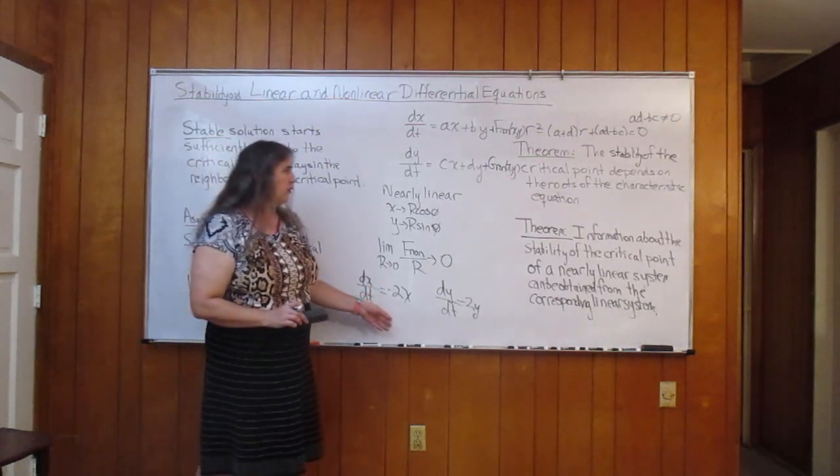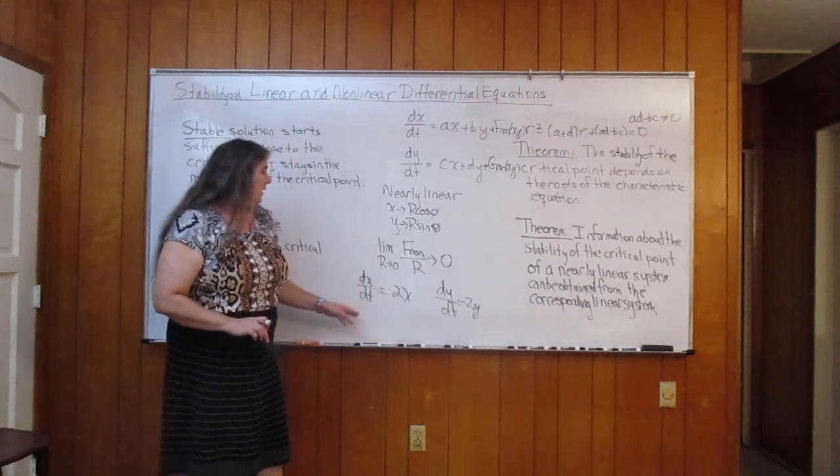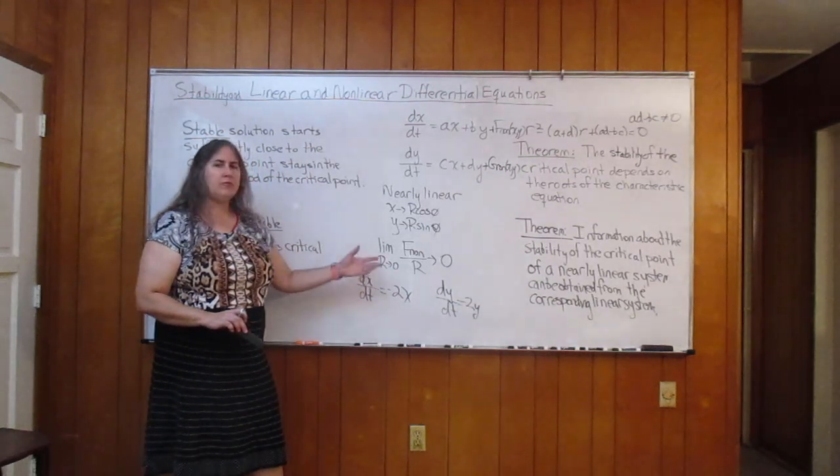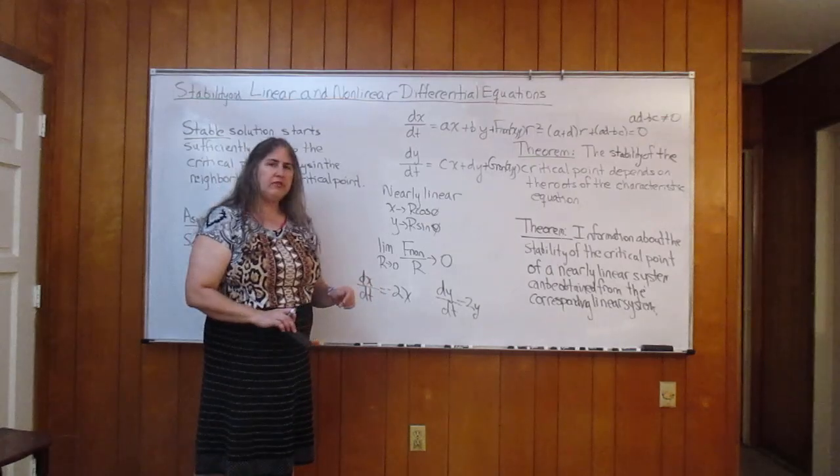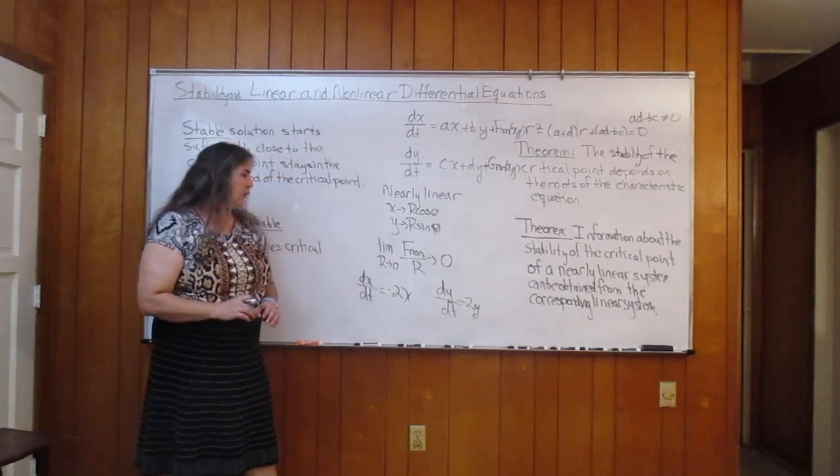We looked at the characteristic equation. We also plotted it out. The critical point there, located at (0, 0), is asymptotically stable, and it was also a proper node.